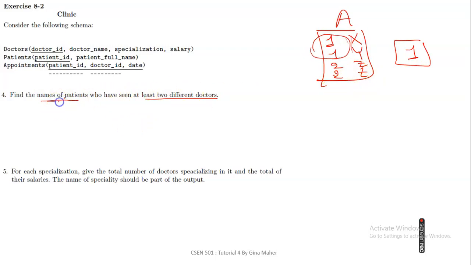First, the name of the patient, we can get it from this relation. To see which patient has done an appointment with a specific doctor, we are going to use this relation. So our output will be obtained from these 2 relations. Okay, what do we want to see in the output? We want the name of the patient, so we're going to write select P dot patient full name from.